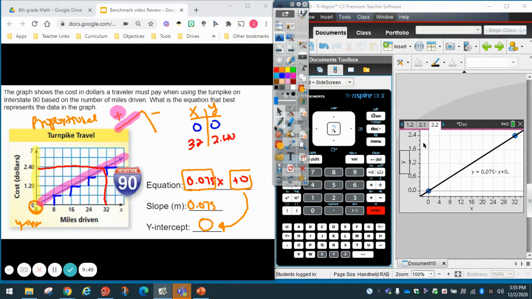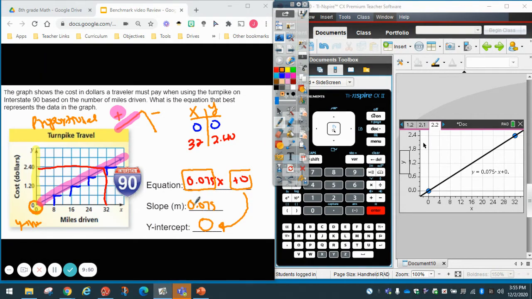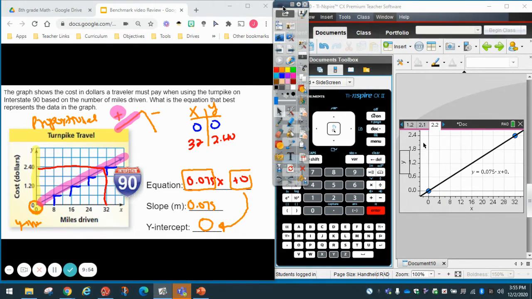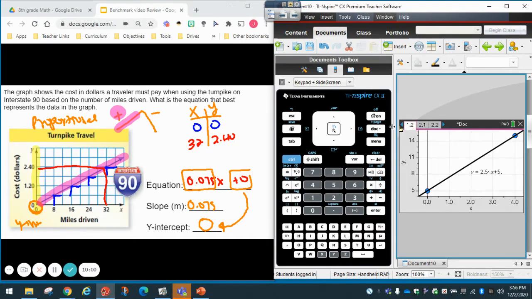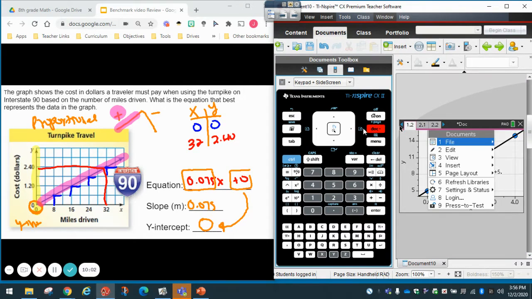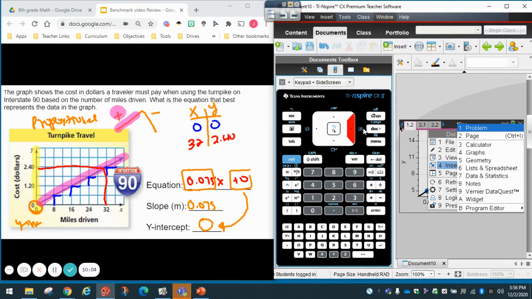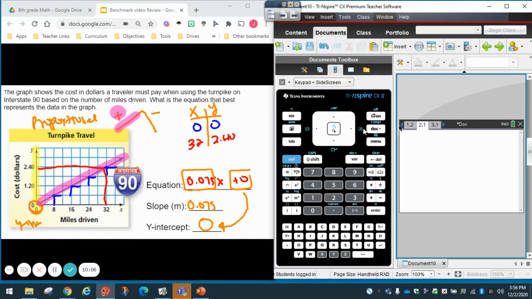Now let's go ahead and convert our slope into a fraction because again, they might ask for it as a fraction instead of a decimal. So we're going to go to doc, insert problem, and we're going to add a calculator. So I have 0.075. Always type in your decimal.